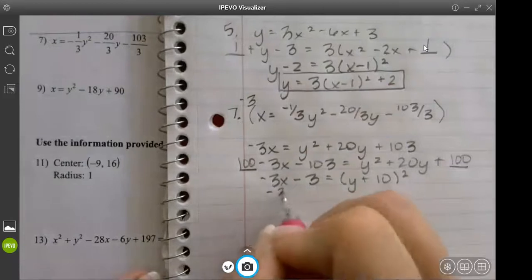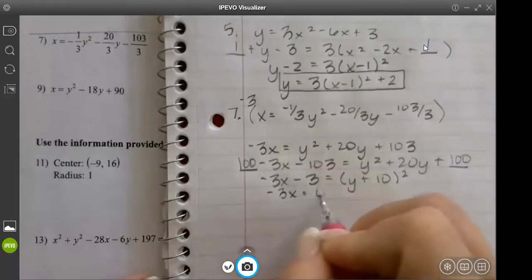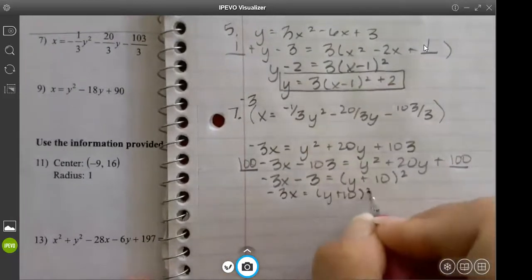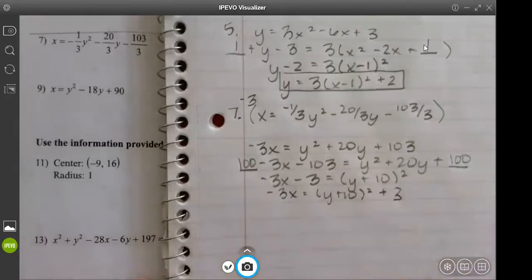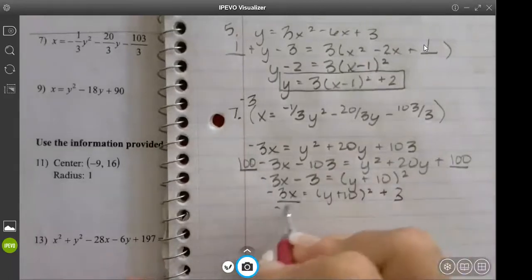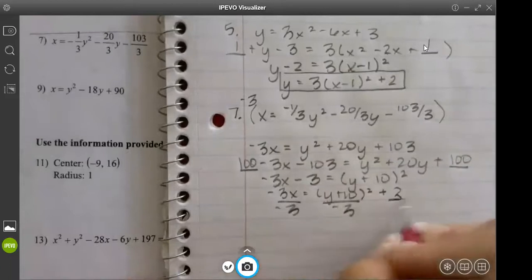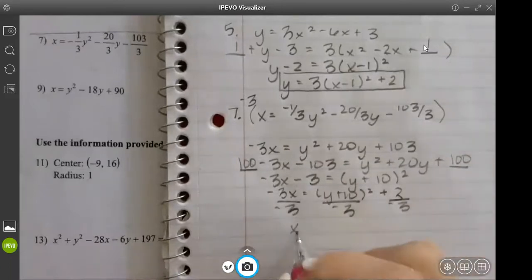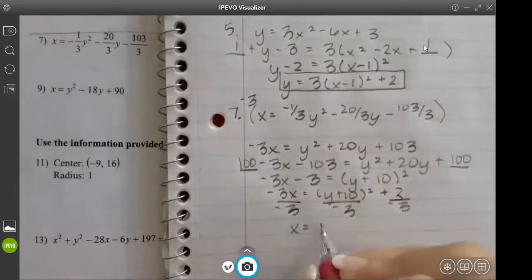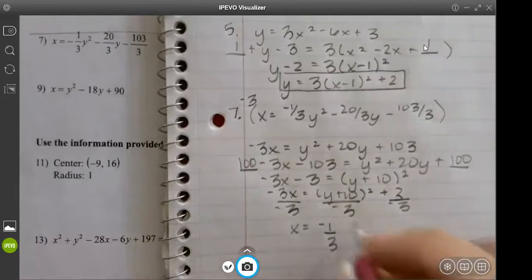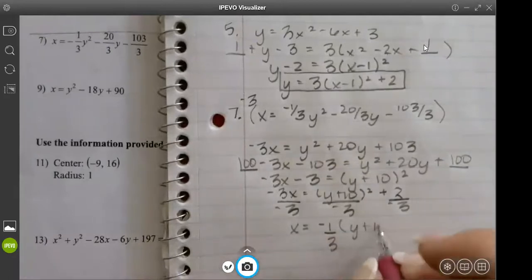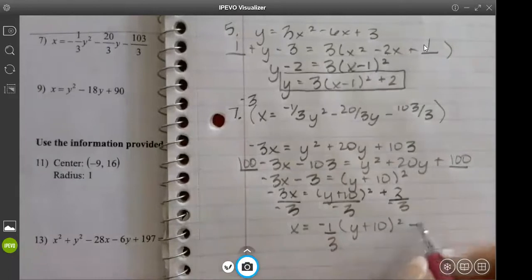Add your 3 over. Negative 3x equals y plus 10 squared. Add your 3. And then divide everything by negative 3. So in this one, I have x equals negative 1/3 y plus 10 squared minus 1.